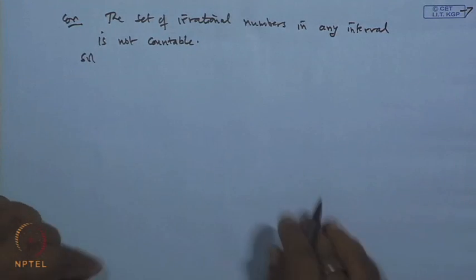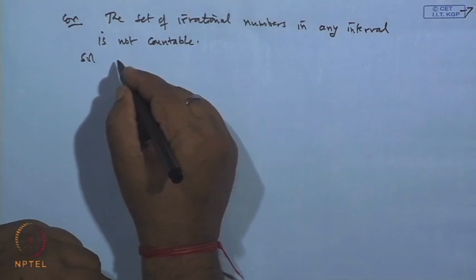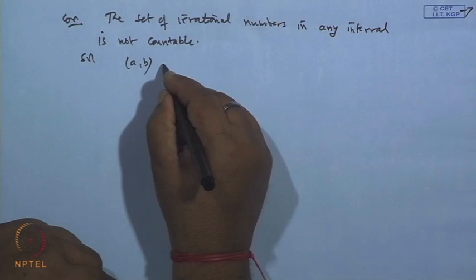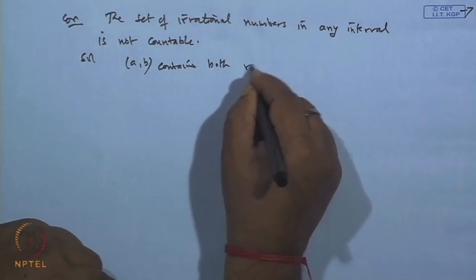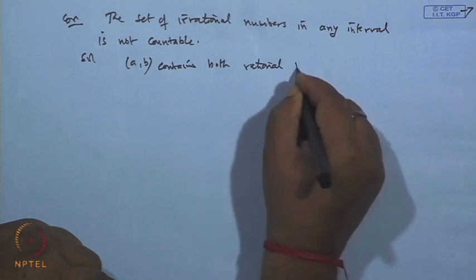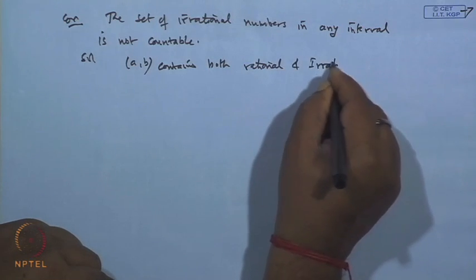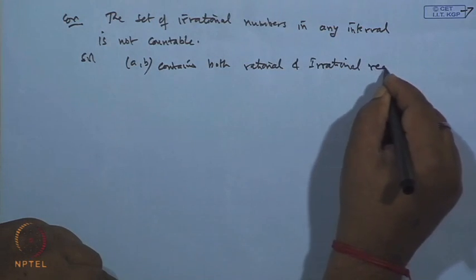The solution is very simple, because an interval a b contains both rational and irrational real numbers.